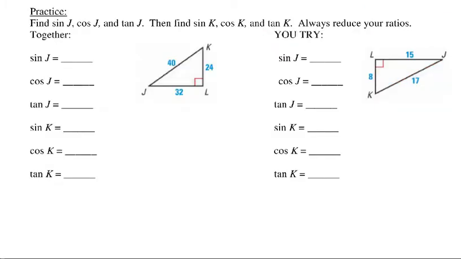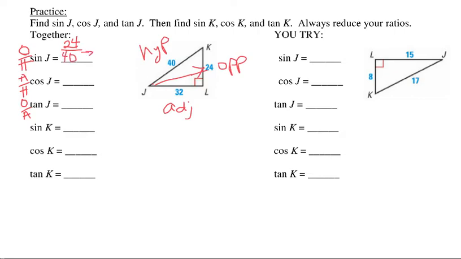We're going to first do the first one together, and then you're going to set up the second one. This is basically just setting up the different sides of how the ratio is set up, and then reducing your answer choice. So sine is opposite over hypotenuse. So for my angle J, that would be this 24 over the hypotenuse, which would be my 40. When I reduce this, I get 3 over 5.